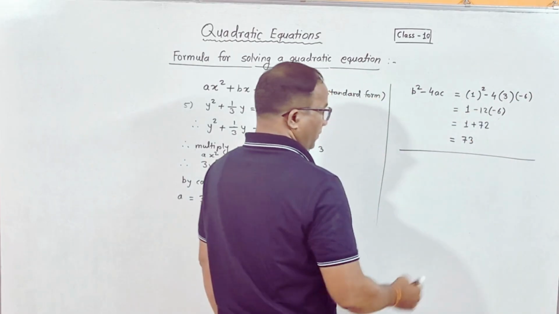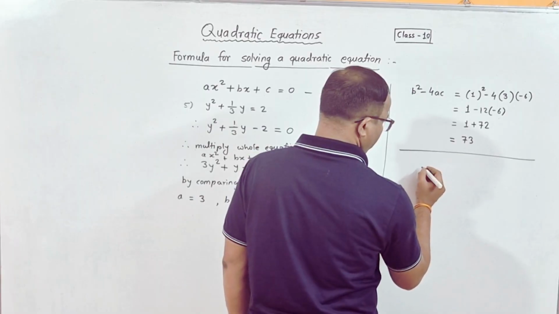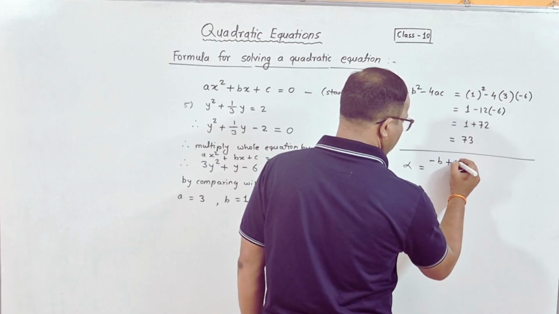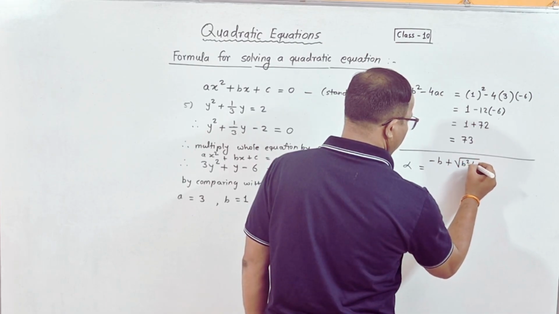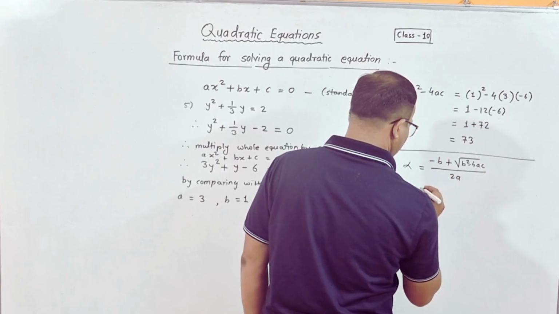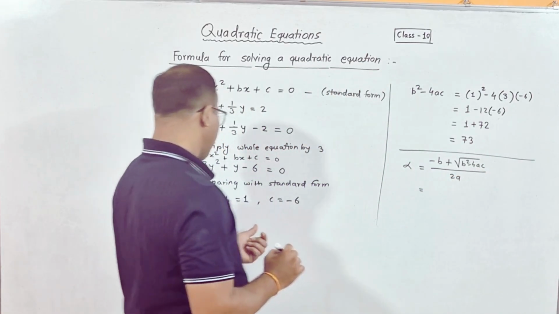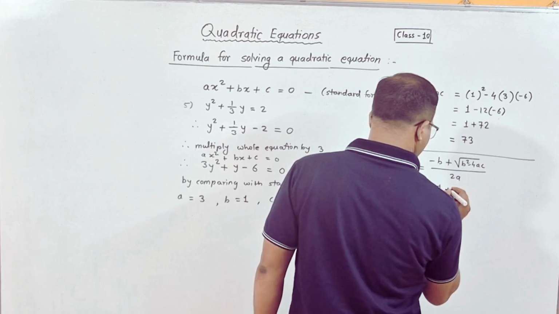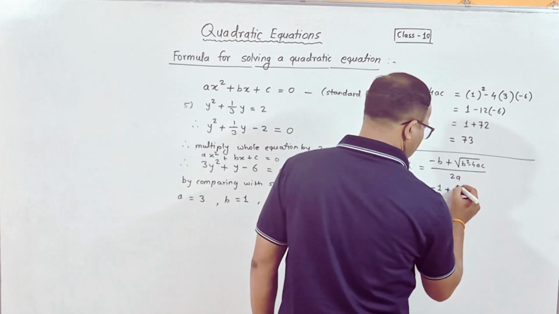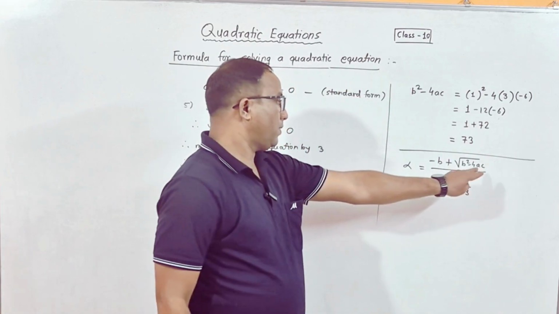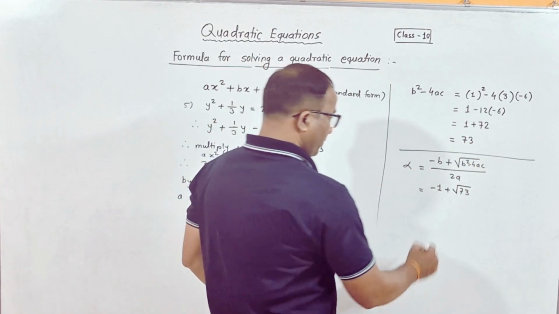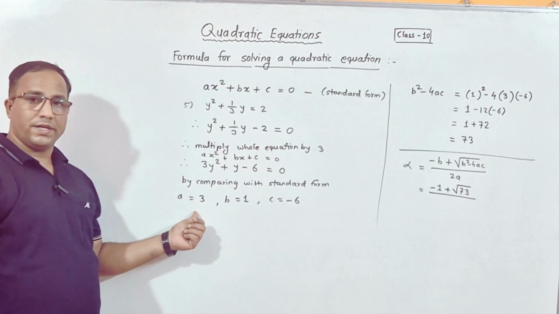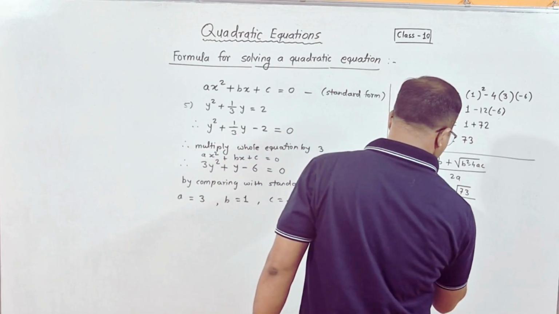Now what is our formula? First of all, the value of alpha is minus b plus under root b square minus 4ac upon 2a. What is the value of b? Value of b is 1, so we can here write minus 1 plus under root 73, because the value of b square minus 4ac is 73 only, upon 2a. 2 into a, value of a is 3, 2 into 3.